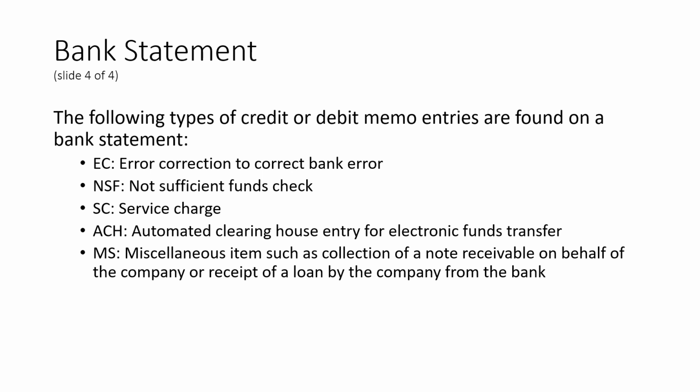And then any other miscellaneous items. So that might be the bank collecting payments for you from another person and adding that amount to your bank account. It could be if the bank loans you money and just puts it over into your account. So there are a few other miscellaneous things like that.